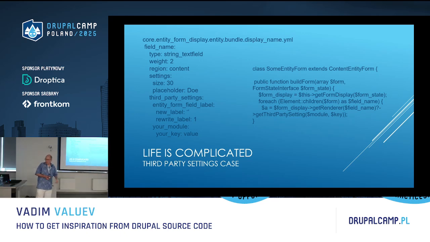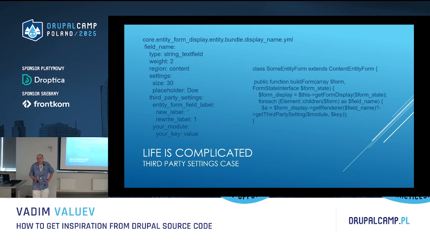And again, it was my discovery several years back. Not mine, because Hristo Chonov, I had a kind of luck to work with him. He's one of the co-maintainers of Entity API. He said, why are you afraid of writing configuration by hand?